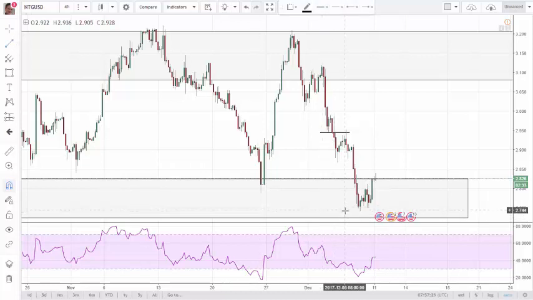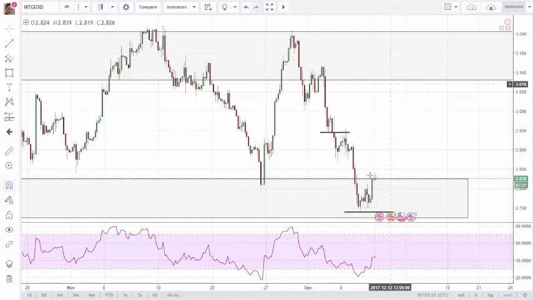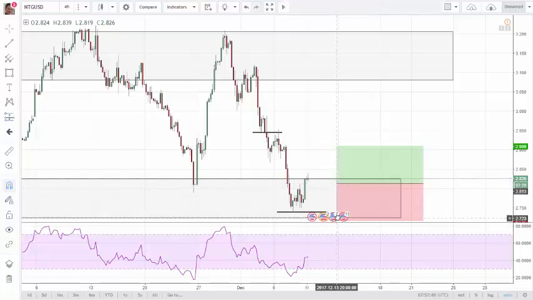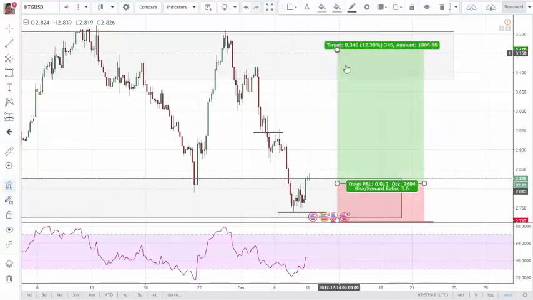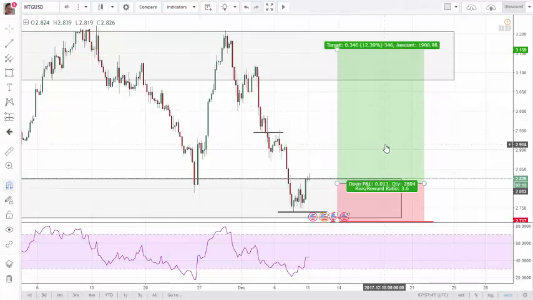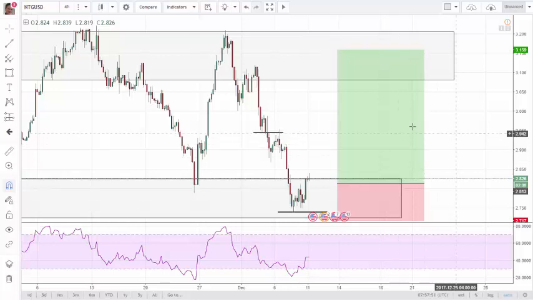Anyway, this of course should be your stop level. Well, if you decide to take this trade, potential is pretty good on this one, because if you decide to enter around here and you put your stop down there, there is huge potential in this trade. It's a setup with a 3.6 risk reward ratio, so that's pretty good.